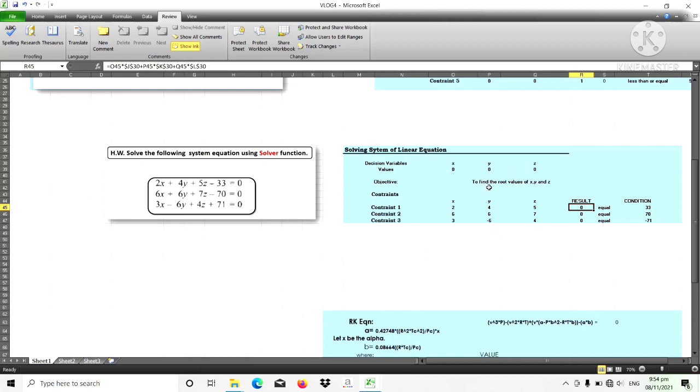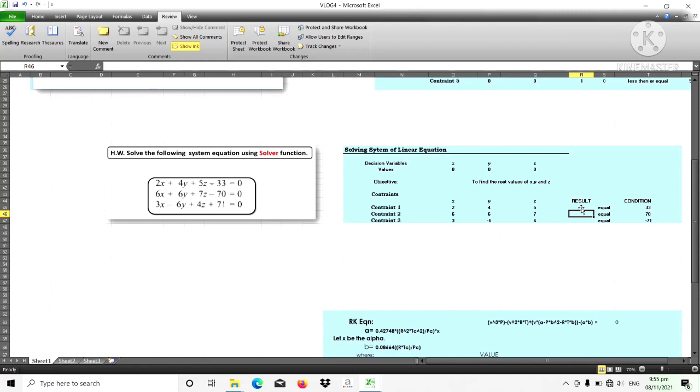So to find each constraint, in constraint 1, to find the result, we would like to use the first equation, 2x plus 4y plus 5z minus 33 is equal to 0.